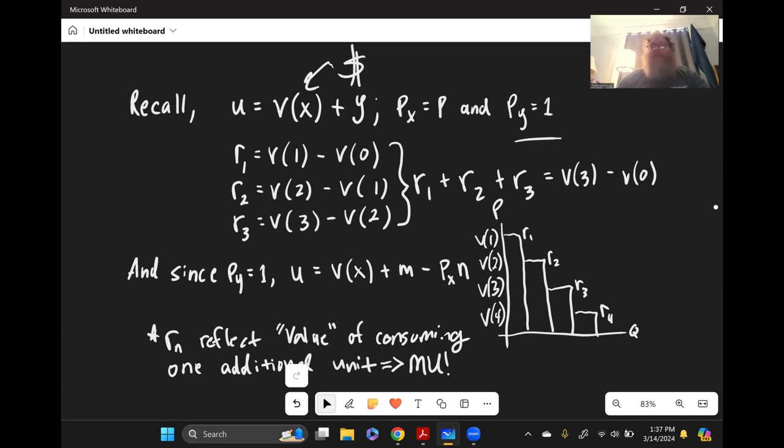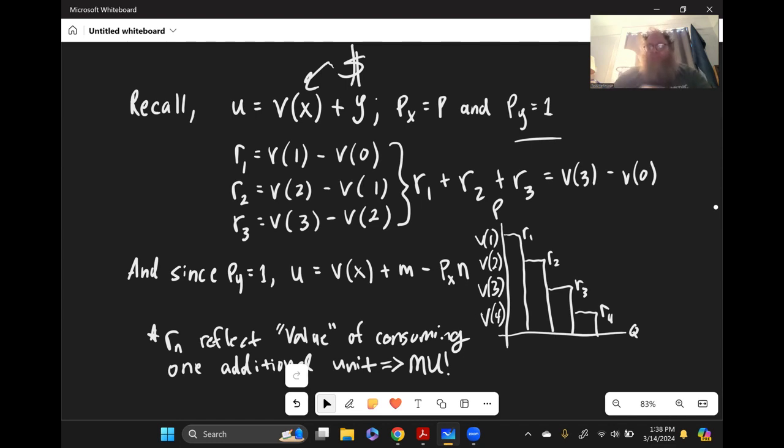So you can think about it like every unit of good other than X gives me $1 of value, right? Because we've set the price of Y to be $1. And we're saying that the utility that I get from Y is just equal to Y. So in that sense, it's a little straightforward to think about Y, every unit of Y generating $1 in value.